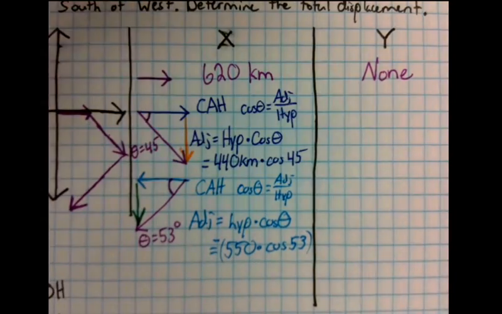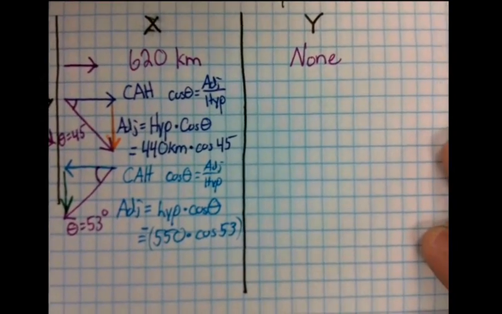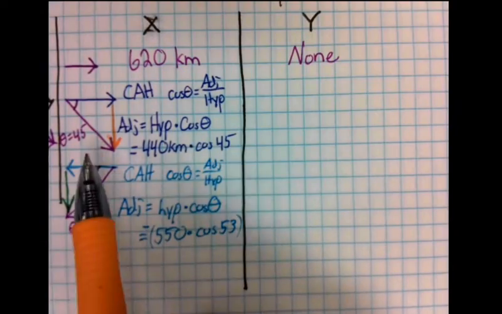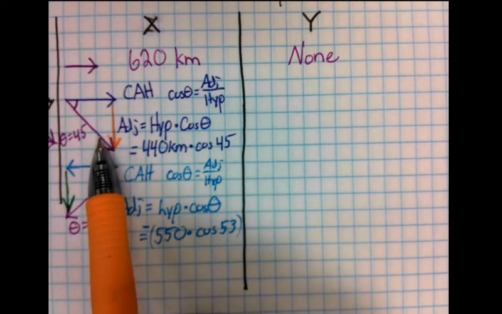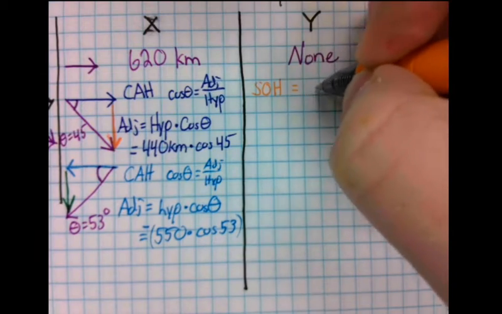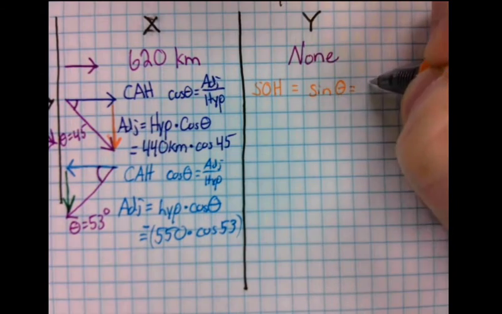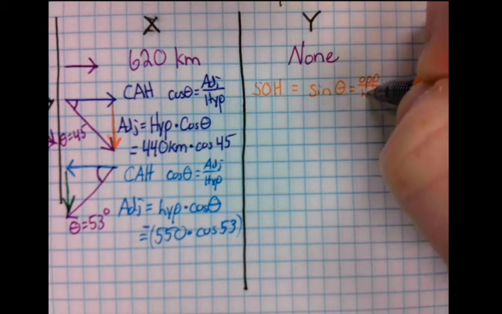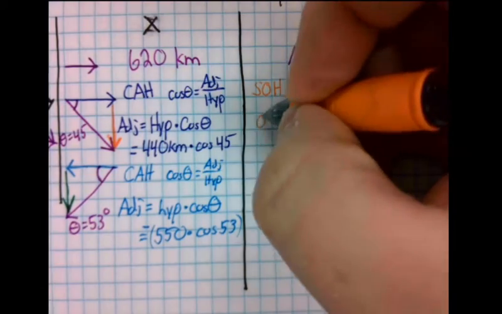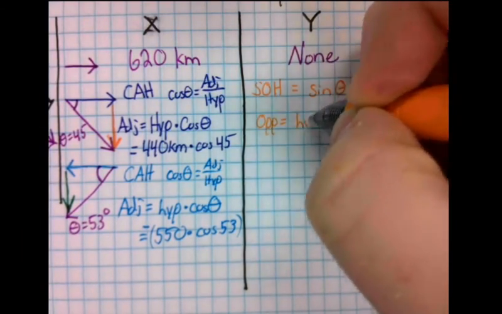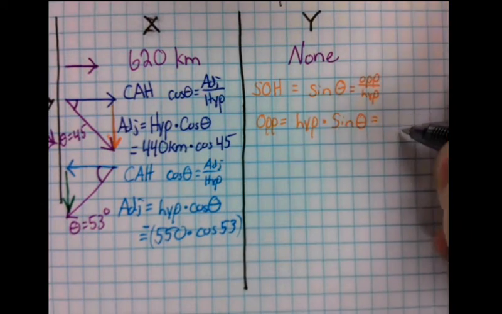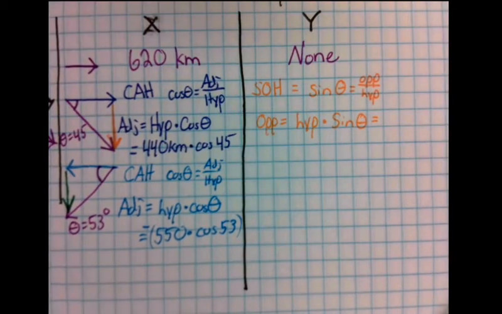Okay, going over to the y side, I'm going to scoot this a little bit so we can see a little bit better. Switching to my orange, same basic approach here. Now we want the opposite and we have the hypotenuse, so we're going to need to use SOH: sine theta equals opposite over hypotenuse. We're going to multiply to get opposite by itself. Opposite equals hypotenuse times sine theta. I gave myself more room over on this one, though, so we can go ahead and put it over here instead of cramming it down at the bottom.